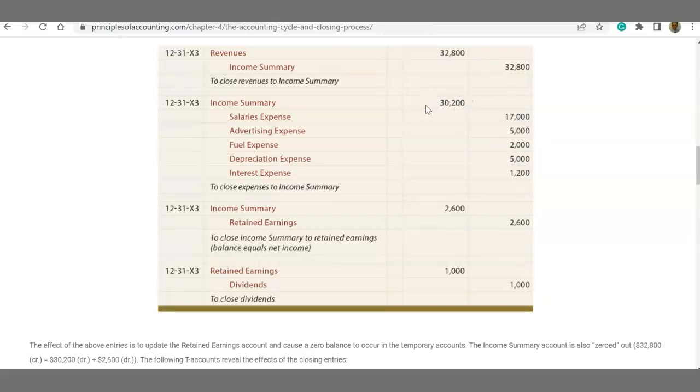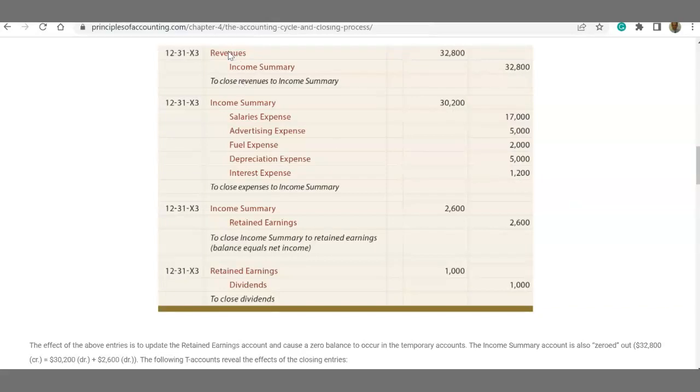This line equals the sum of all these credits, enter. And this 30,200 will pop up in this cell. And that's how the closing entry looks for expenses.